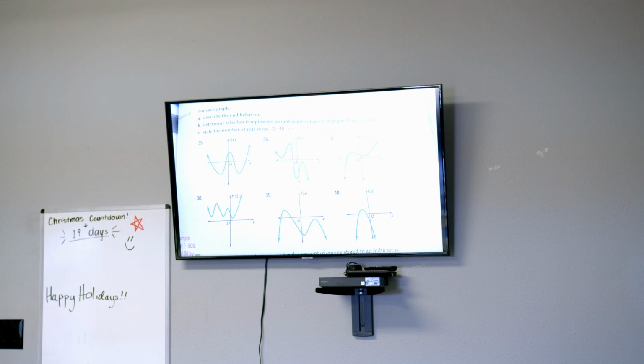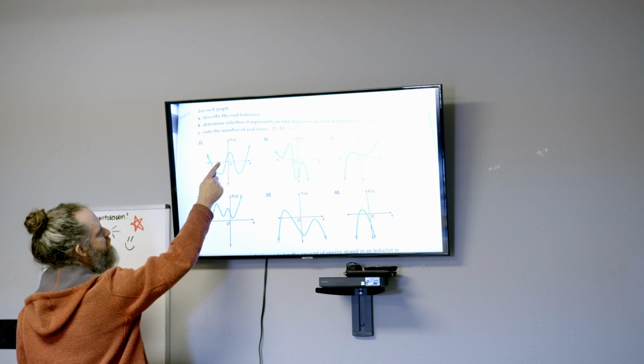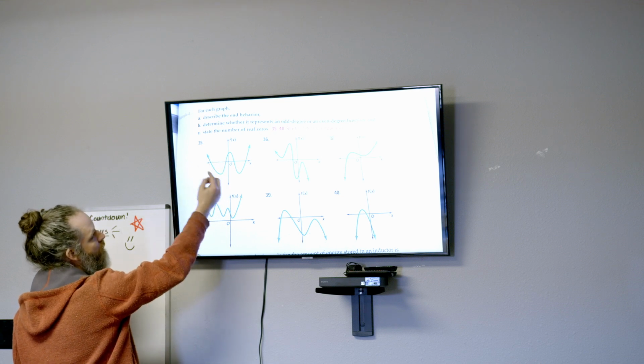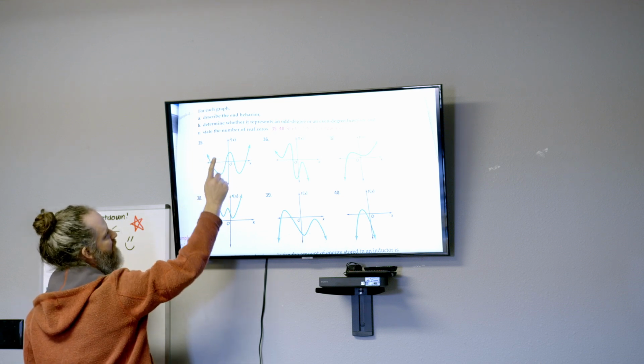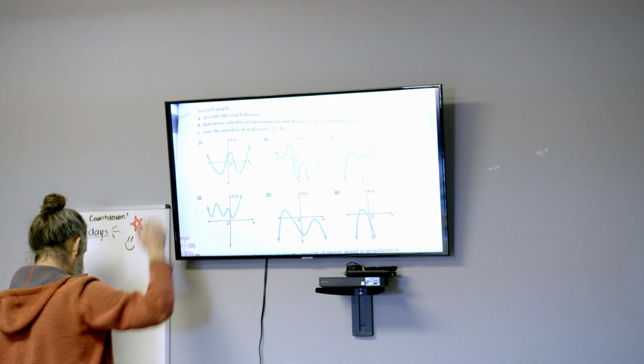So on 35, for example, as x approaches negative infinity, what is the function approaching? Positive infinity.